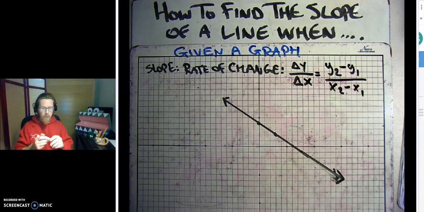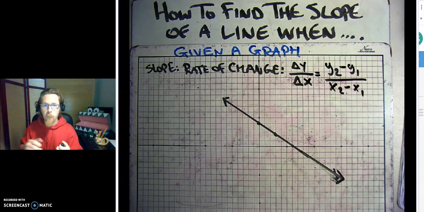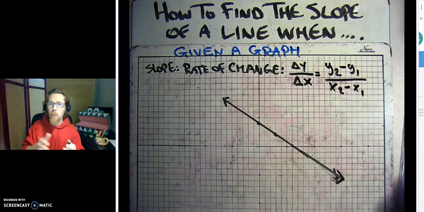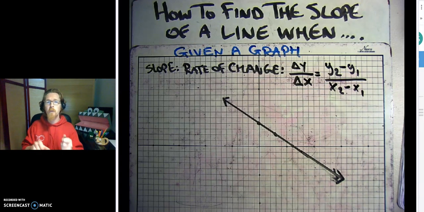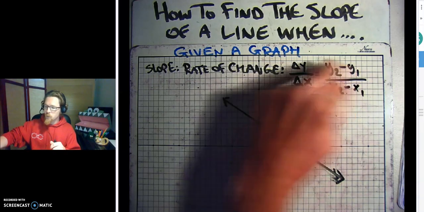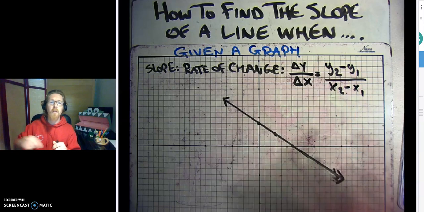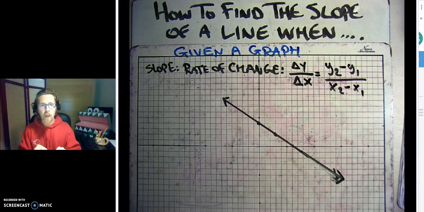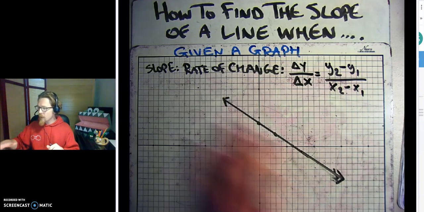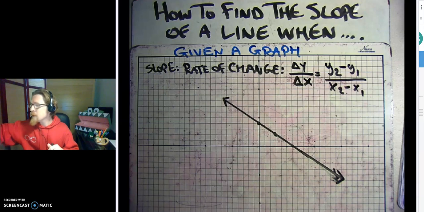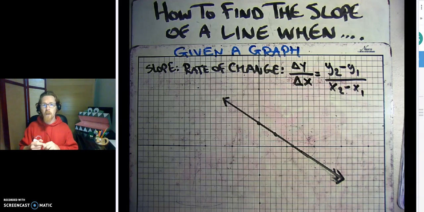Now we can do this a couple of different ways. If we identify some actual points on the line, we can use those coordinates as my x1 and x2 and y1 and y2, and we can just perform the subtraction. But let's take a look at this line just as a line, and let's identify 2 points on the line.